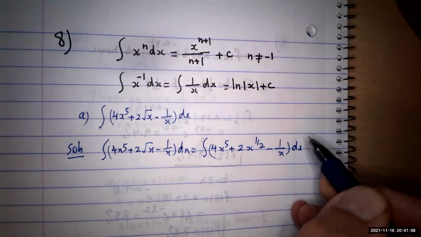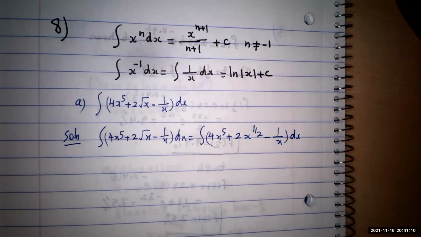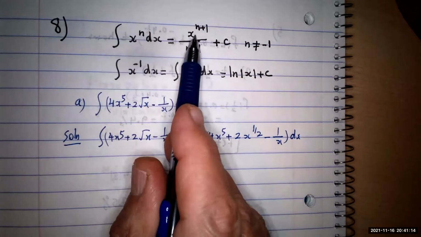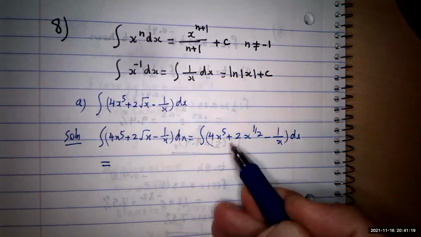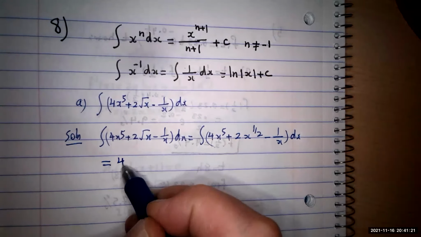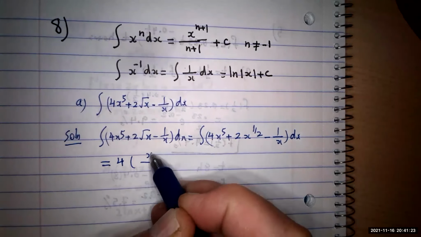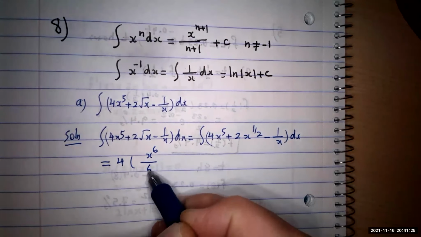Any other power, we move it up. Now we integrate one by one. This is the only formula that we have. For the first one, like differentiation, we keep the 4, then x to the 5th, add 1 to the power. It's going to be x to the 6 over 6, done.